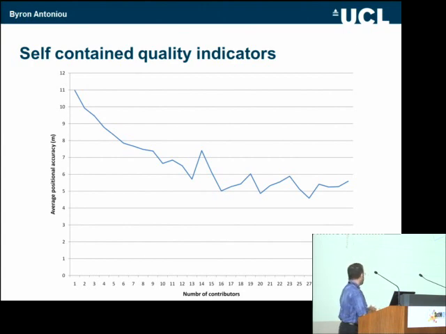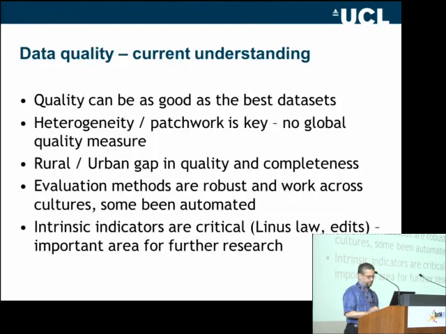What was found by some of my students is that as you increase the number of contributors per square kilometer, the positional accuracy improves. And there is some work in Maynooth at the moment looking at highly edited objects.